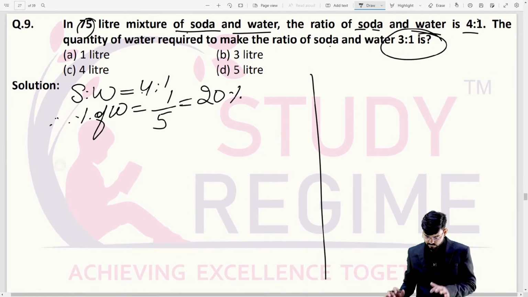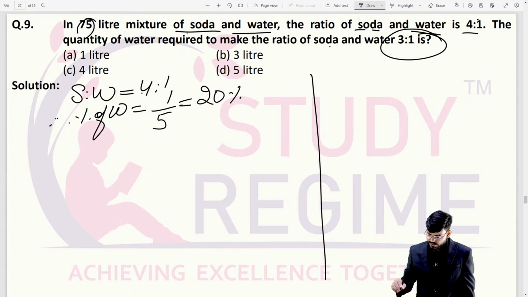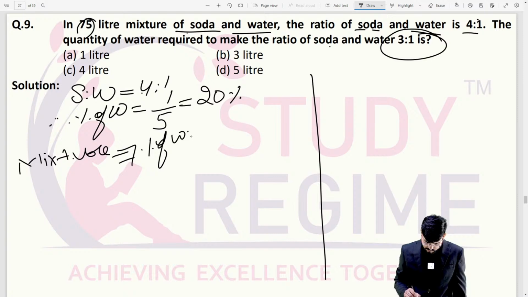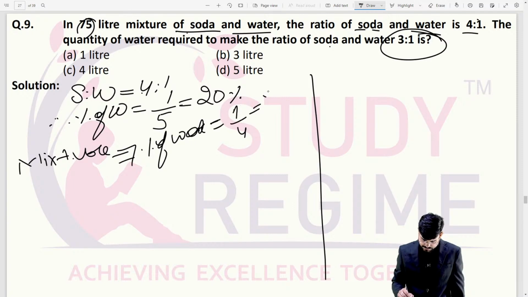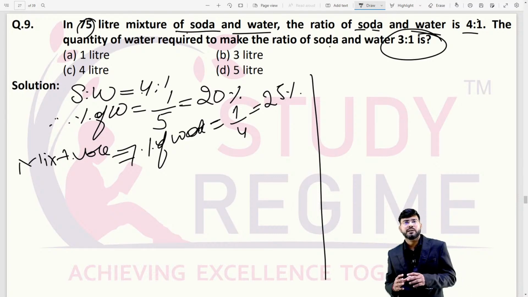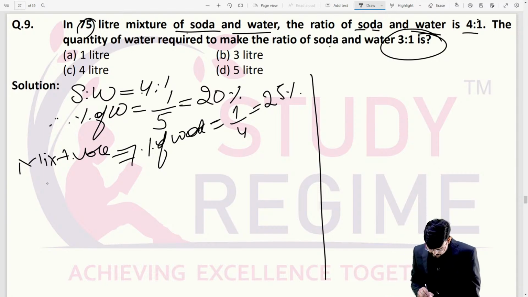Now the quantity of water required to make the ratio of soda and water 3:1. In that mixture, the percentage of water is 1 upon 4, that is equal to 25%. Clear these 2 points? In the first it is 20% and later it is 25%.